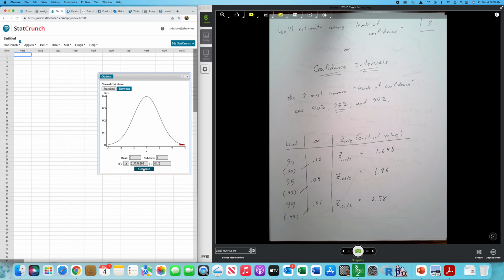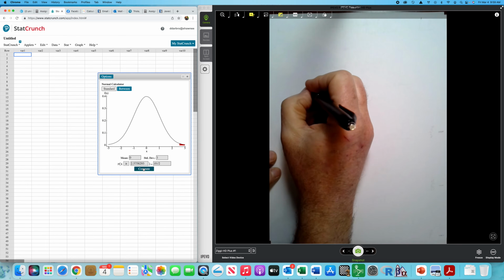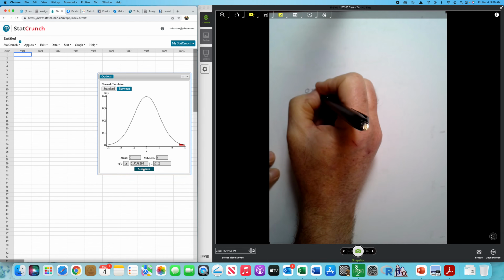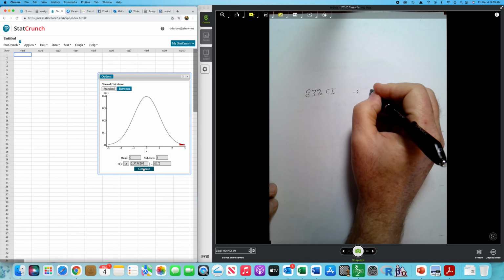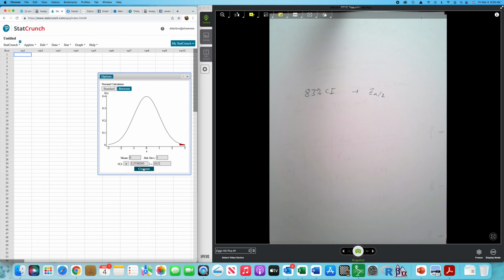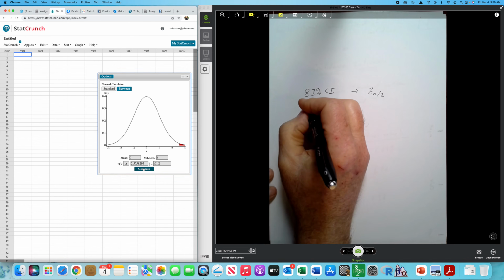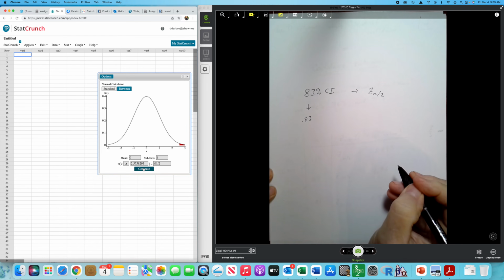Now, let's just bring in something. What if we wanted an 83% confidence interval, and we want to calculate Z alpha over 2? What would we do? Convert to a decimal, right?